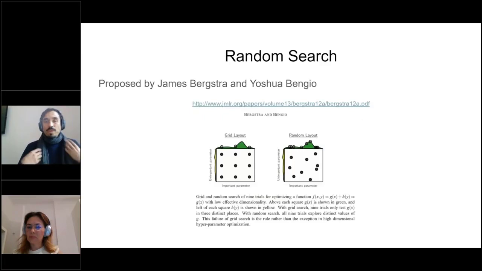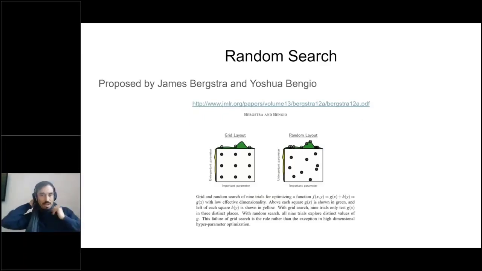So I'm going to give a brief introduction to random search. And I suppose that most of you are already familiar with this because this was a very standard way of finding the right hyperparameters for your neural network. As you can see here, they are doing a comparison between grid search on the left with random search on the right.